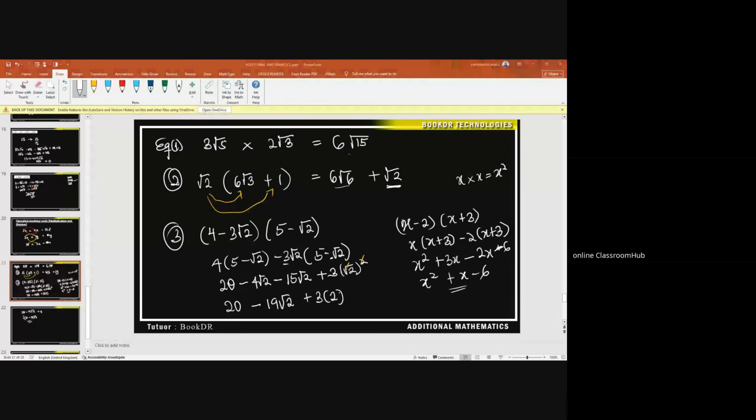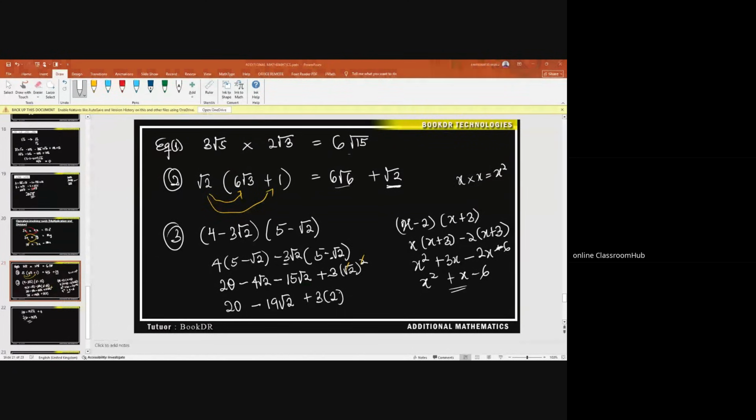Then when we come here, we are multiplying negative 3 root 2 by 5. It is only the whole numbers that will multiply, then you attach the root 2 to it. So negative 3 times 5 will give us negative 15. Then you attach the root 2 to it.